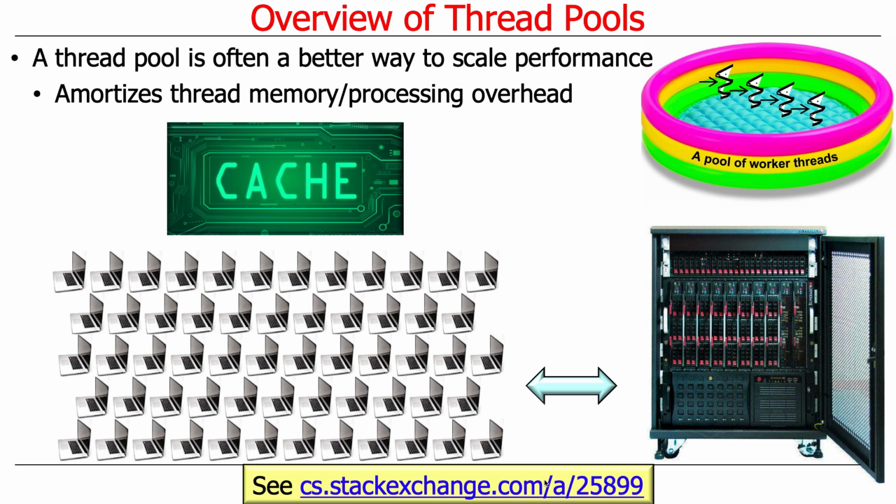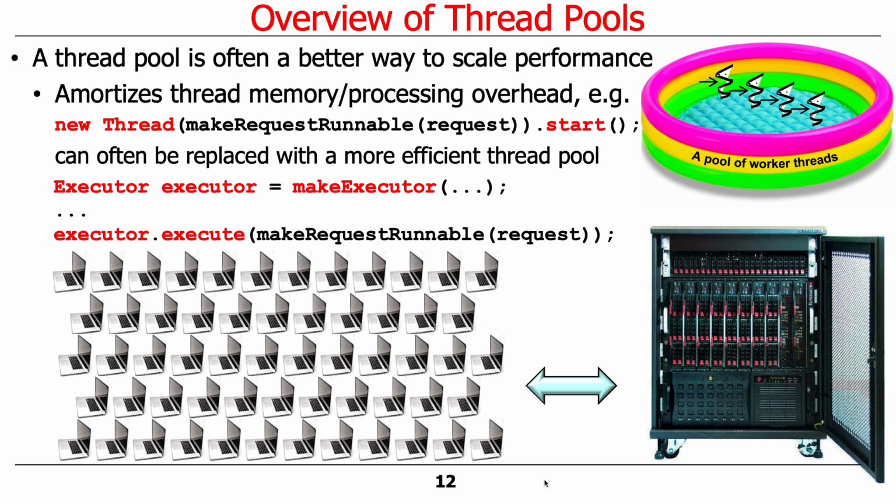And really, amortization is just a fancy way of saying that it sort of smooths out over time. You pre-spawn typically some pool of threads, or you let the threads be created on demand up to a certain maximum, and then you leave them around for a while, and as new requests come in, if there are threads in the pool, they go ahead and do their thing. If there are not threads in the pool, we'll see what happens in just a second.